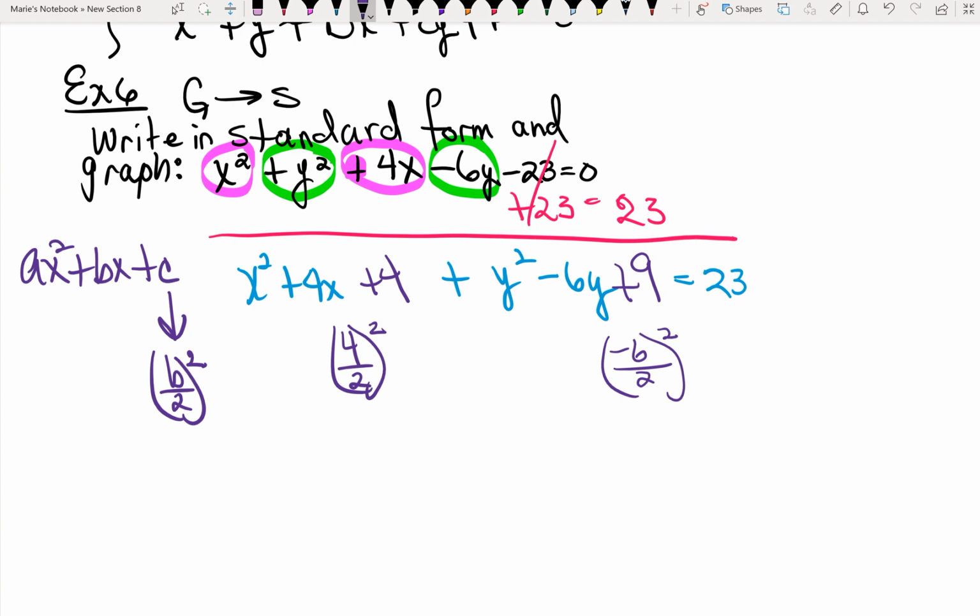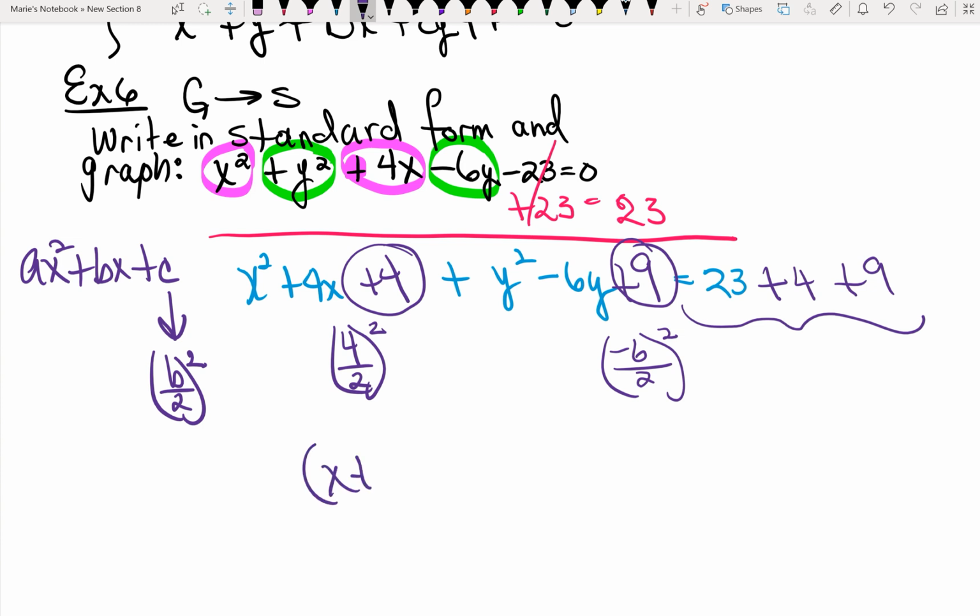But notice that because I added these two values, I have to bring them over and say plus 4 plus 9 on the right-hand side of the equation. So now I can collapse this: x plus 2 squared plus y minus 3 squared is equal to 36.